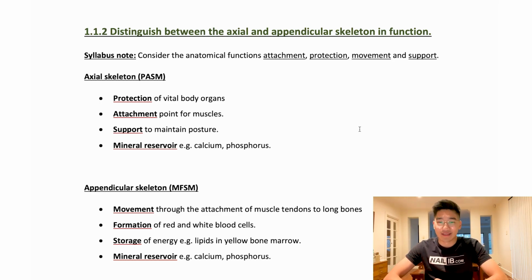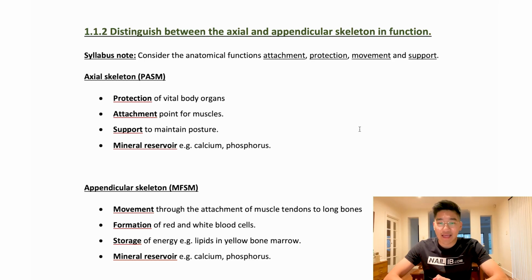And so in this instance, we're just talking about bones in general, but all bones contain some level of calcium and phosphorus, and it's really used to store these components to our body that are essential to a lot of our bodily functions. So that's our axial skeleton: to protect, to attach, to support, and to provide a mineral reservoir.